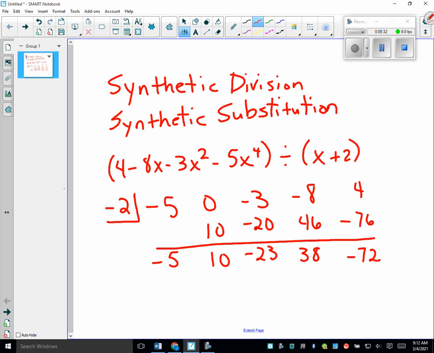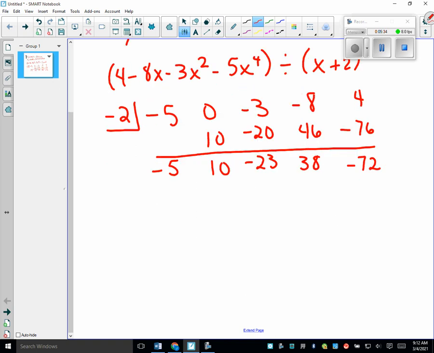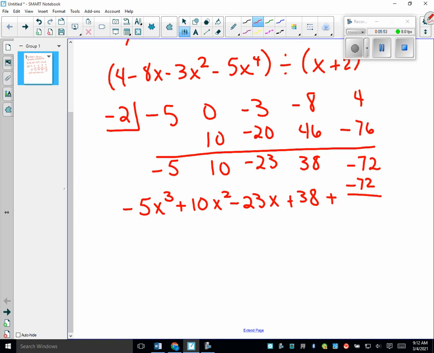So my answer is negative 5x cubed plus 10x squared minus 23x plus 38 plus negative 72 over x plus 2.